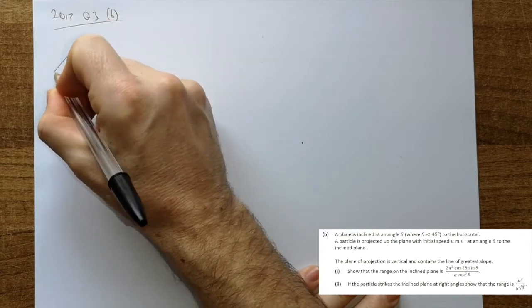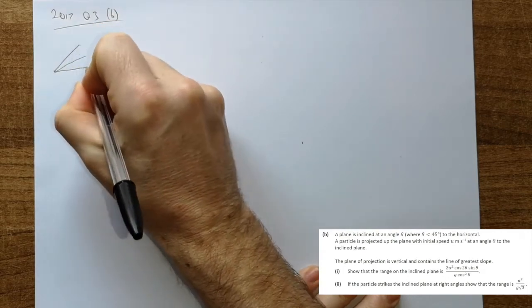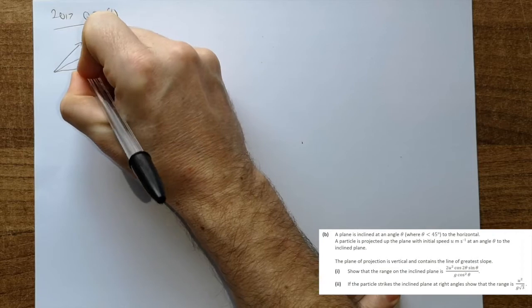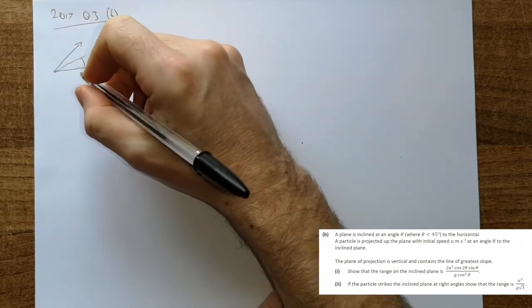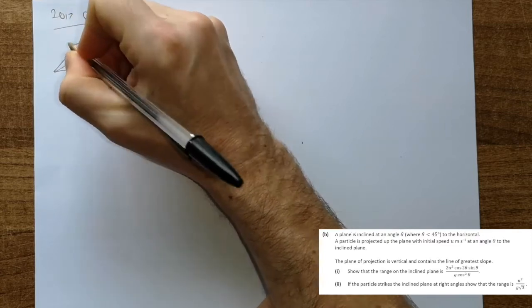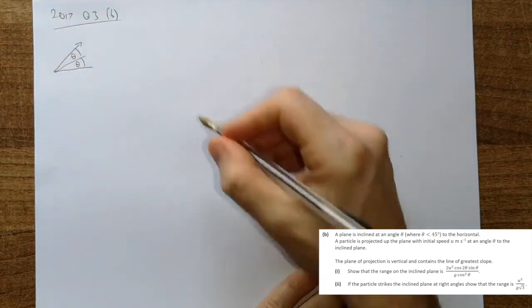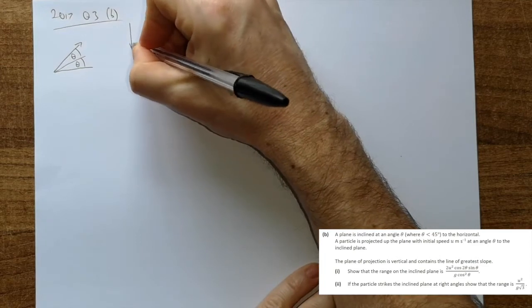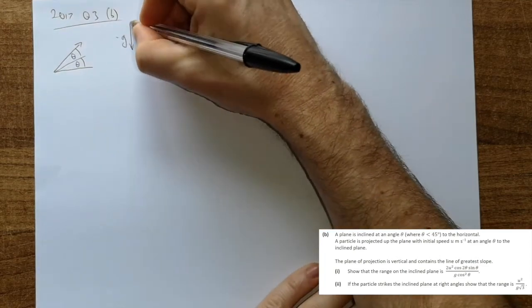So we have an inclined plane and a particle shot upon it. Interestingly, in this one we have theta as our angle for both of these, which we don't often see. Again, we'll do a little sketch here of gravity, which is minus g because it's coming down that way.